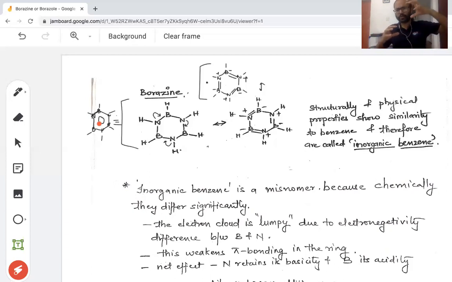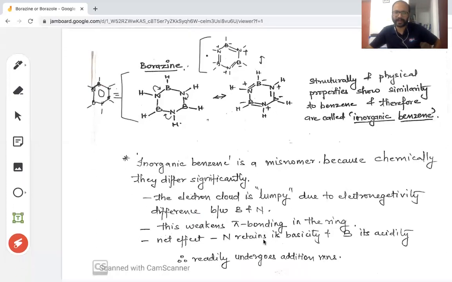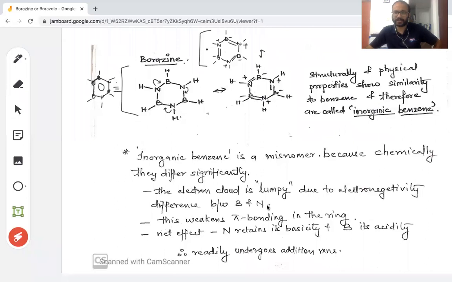So when you go from nitrogen to boron, the electron cloud becomes larger and smaller, larger and smaller. The electron cloud is not very uniform in the case of Borazine, but rather it is lumpy: large, small, large, small, large, small. That is why it is written here that they are lumpy due to the electronegativity difference between the boron and the nitrogen atom.